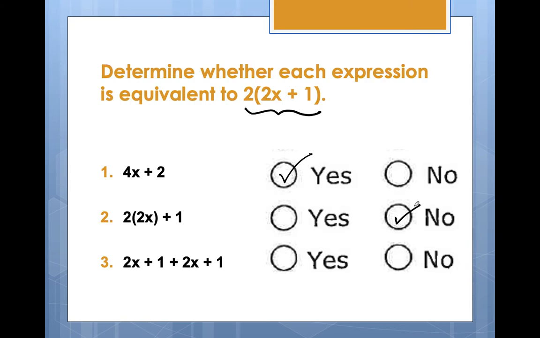And that does not equal because we only multiplied 2 times the 2x, but not the 1, which is not the same. And then for question 3, the quantity 2x plus 1 plus the quantity 2x plus 1. Yes, that is equal because another way of multiplying by 2 is that you can just add the quantity 2x plus 1 to itself.